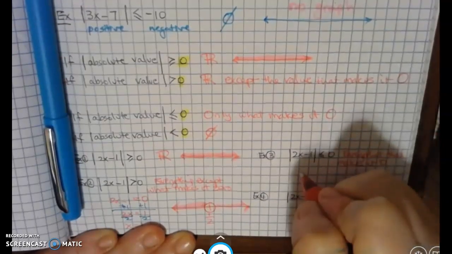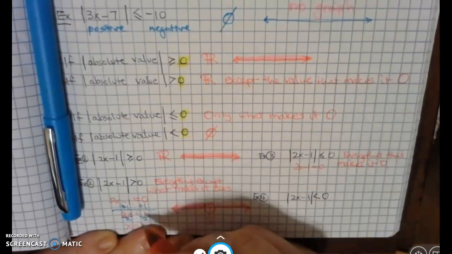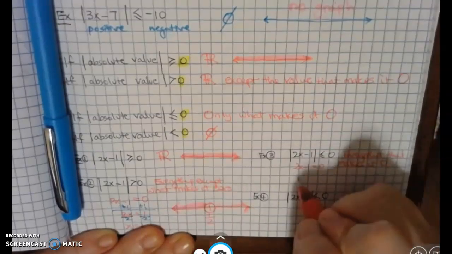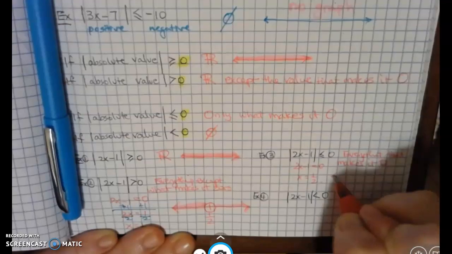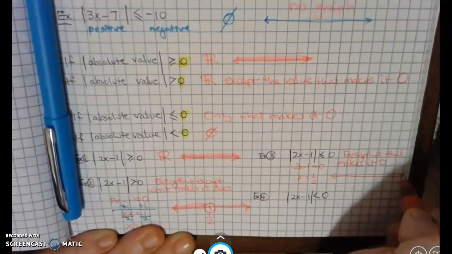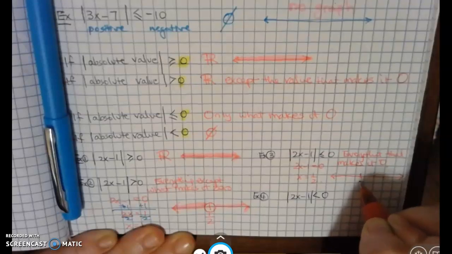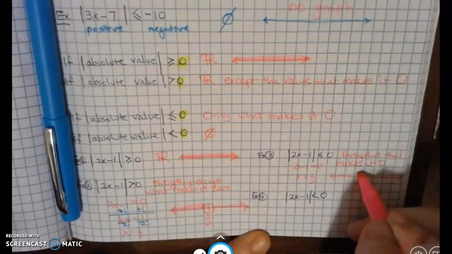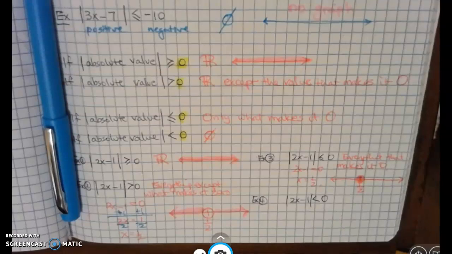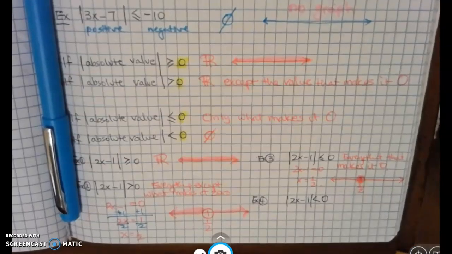In this case, 2x minus 1 is equal to 0. So again, it's the same expression as before. So I know that x is half. And how do I communicate that? That is the only time when this inequality is ever going to be true. So it is going to be a circled half and nothing else. That is just half, and nothing else is shaded.